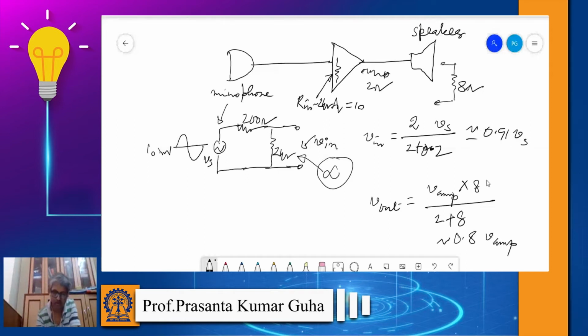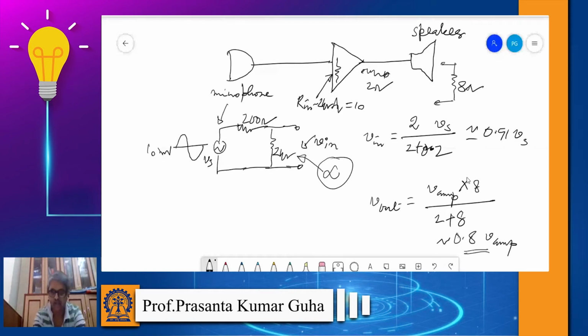If I consider V amp is the amplified voltage coming from the amplifier, you are losing 20% of the signal. If you have R out of the amplifier close to 0, then you get the entire amplified signal at the output, that is at the speaker.